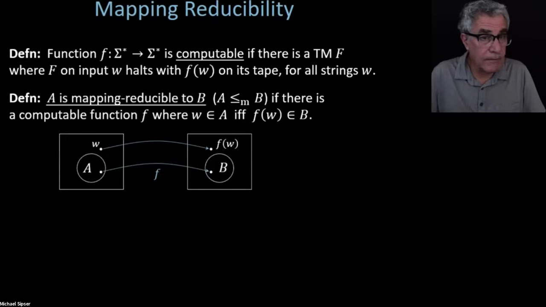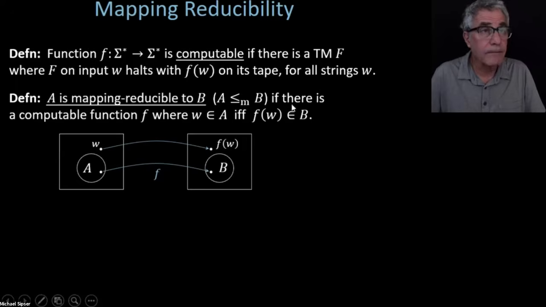Pictorially, it's a simple idea. We'll have to make sure we understand why this fits with our concept of a reducibility, but we'll do that. But anyway, let's first understand just what we're doing here. We're just coming up with a function that can do this kind of mapping.